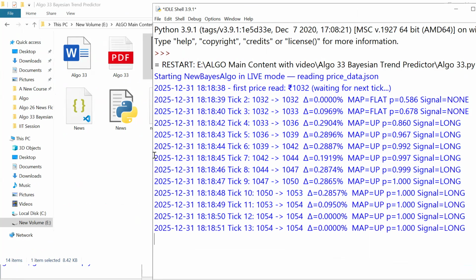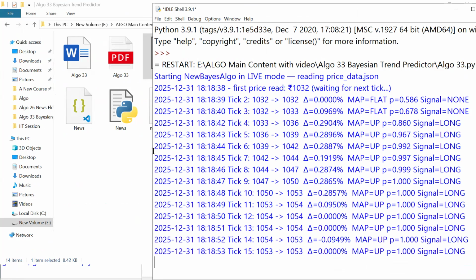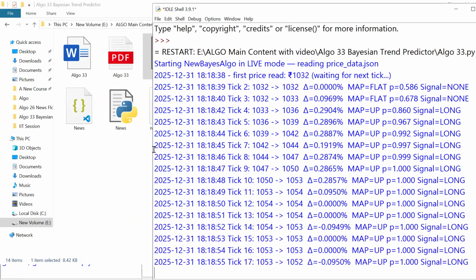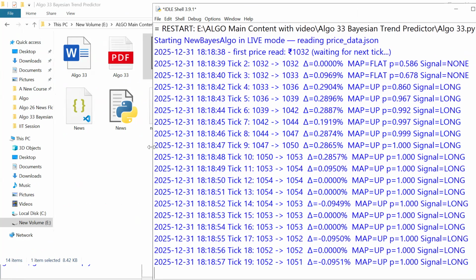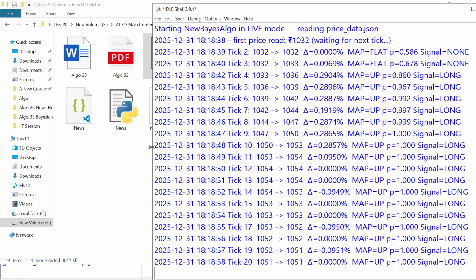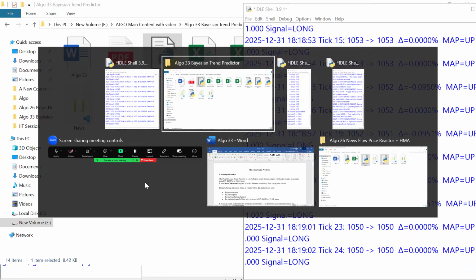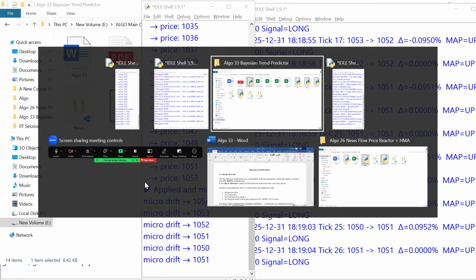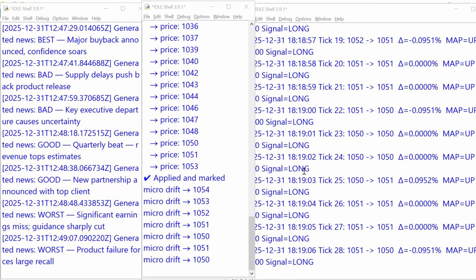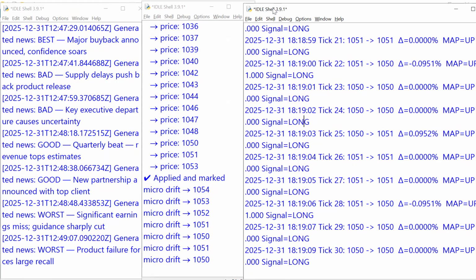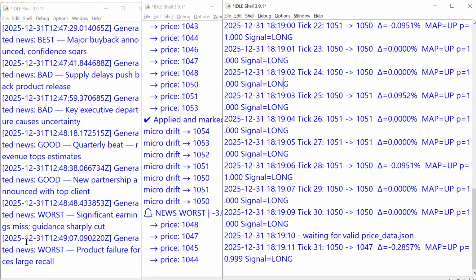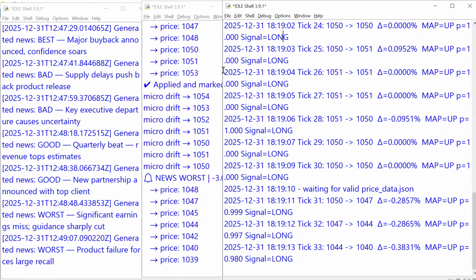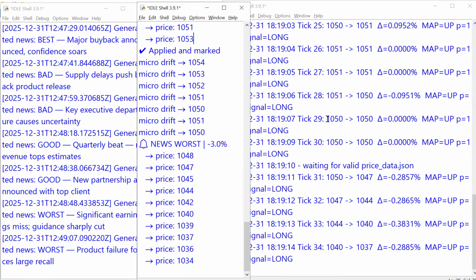Let me adjust this window so we can see all the algos together. Okay, it says long position. Let me open all the price action. Now this is a perfect view. The worst news has come and the market is moving down.